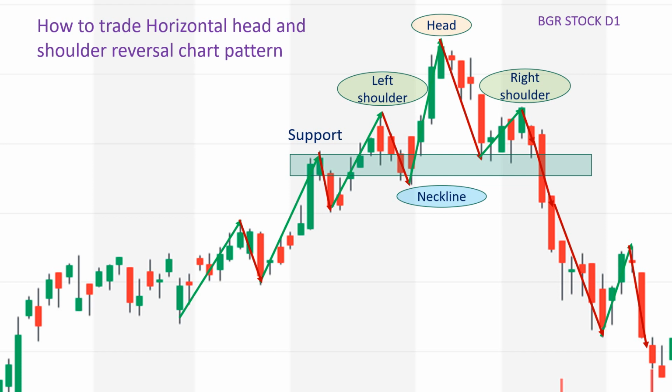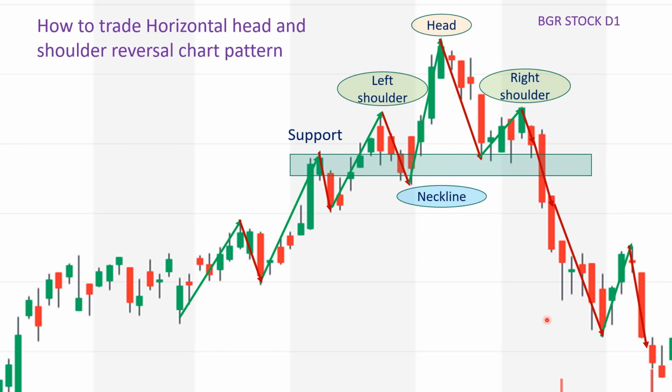So now how can we enter the trade? To enter the trade, look at this bearish candle that breaks the neckline and closes below the neckline. So we use the close price of this bearish candle and we put our stop loss 2 ATR above the entry price, and we put 4 ATR below this entry for profit target.